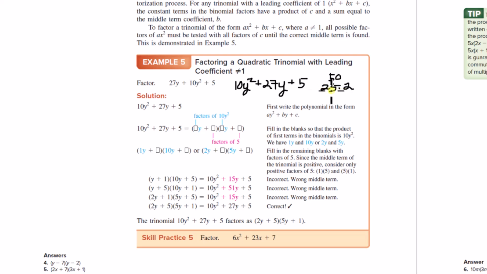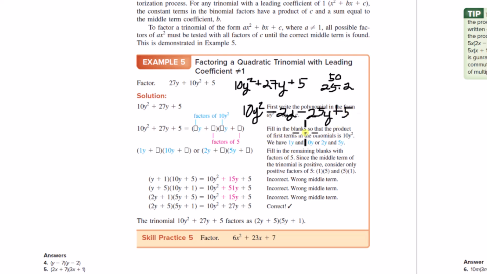So once you've got this 25 and this 2, you use that grouping method where you make 4 terms, right? So you write it like 10y squared minus 2y minus 25y plus 5.